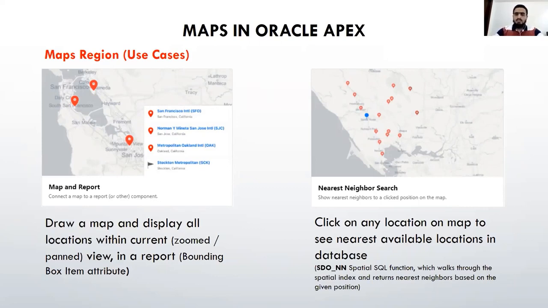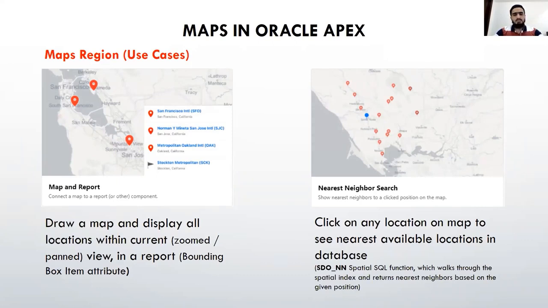And nearest neighbor search: sometimes we want to click on the map, or we want to specify that, nearest to this specific location, how many data points are available from our database. So simply we click on the map, and our map will give us the facility to see all the locations or all the data points available from our database.